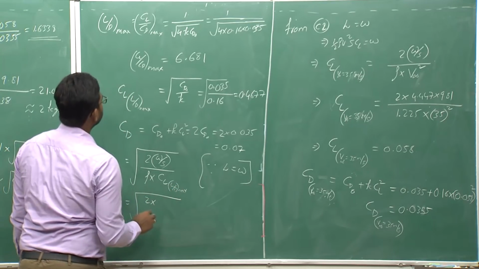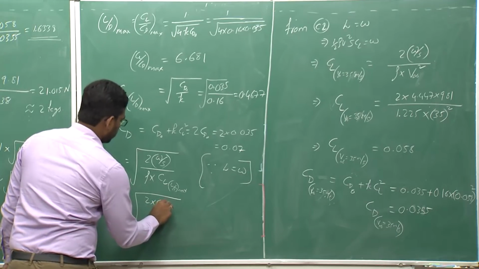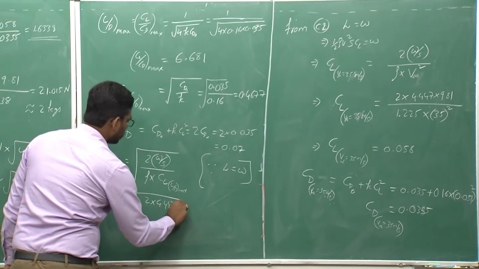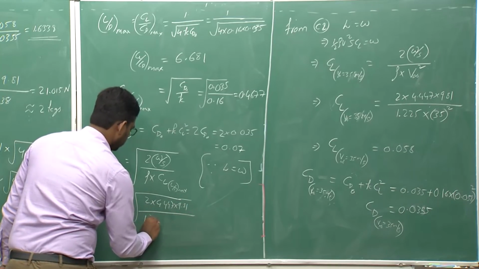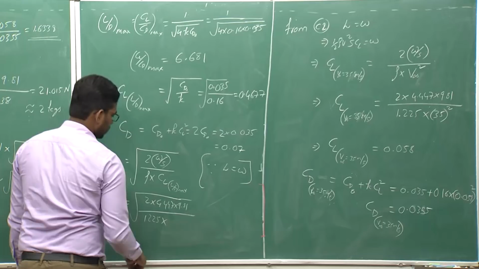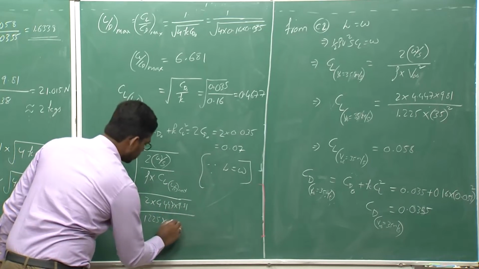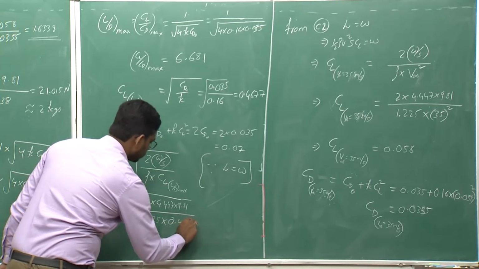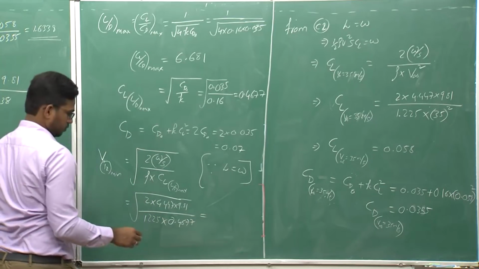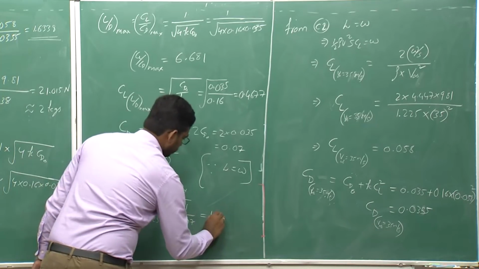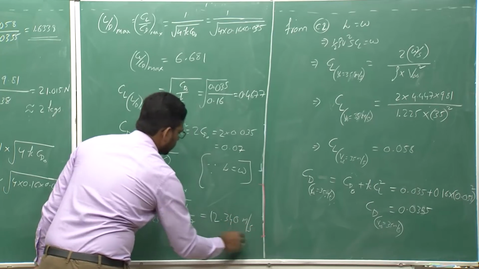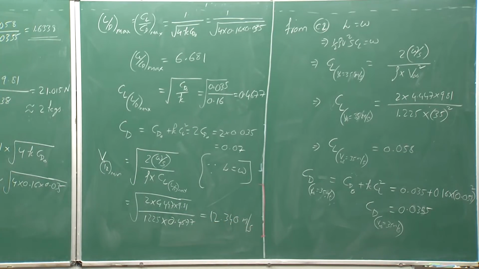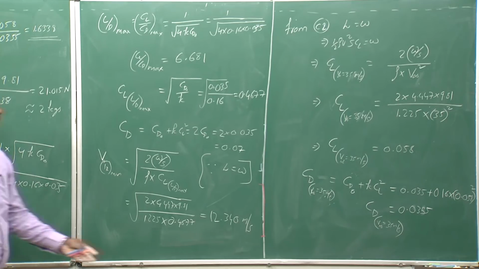Twice, what is the wing loading here? 4.447 into 9.81 divided by 1.225 into 0.4677, which gives 12.340 meters per second, 12 meters per second approximately. So, you need to fly at 12 meters per second.